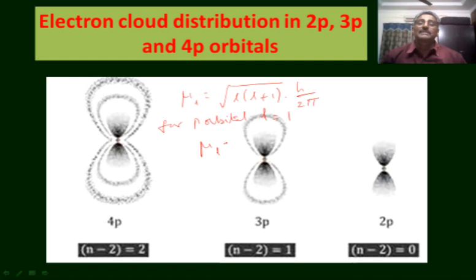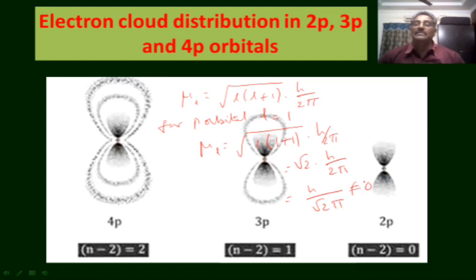So angular momentum is equal to square root of 1 into 1 plus 1 into h by 2 pi, that is equal to root 2 into h by 2 pi, that is h by root 2 pi. This is not equal to 0.